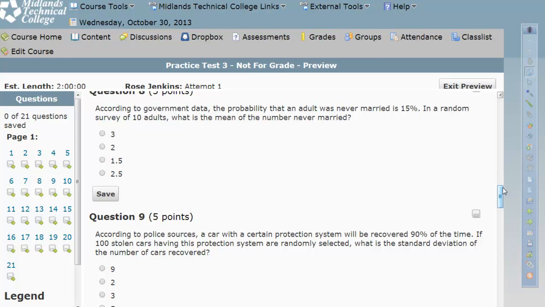Is it binomial? It's not binomial? Okay. How do you know it's not binomial? Which of the 4 requirements of binomial does it not meet? Do we have 2 outcomes?